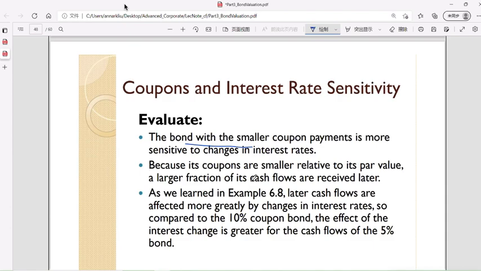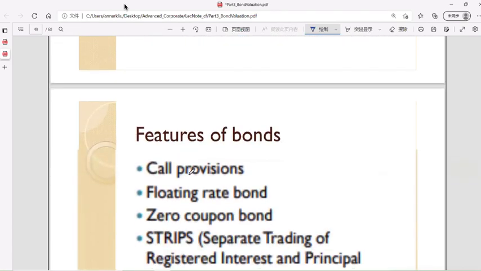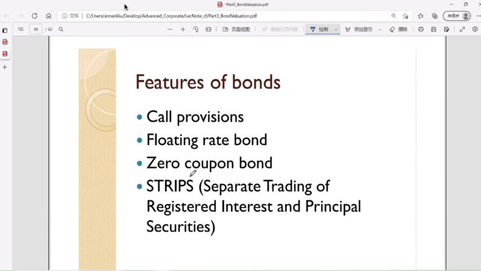And as we learned in this example, later cash flows are affected more greatly by changes in interest rates. So compared to the 10% coupon bond, the effect of the interest change is greater for the cash flows of the 5% bond. Okay, so that's pretty much about the basics of bonds.